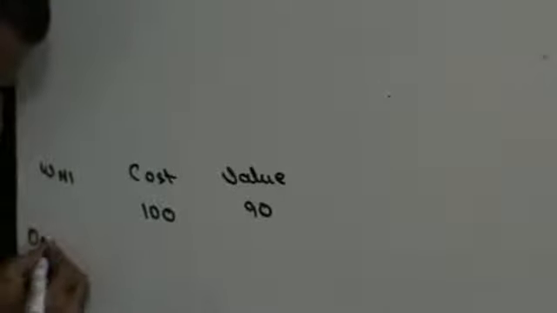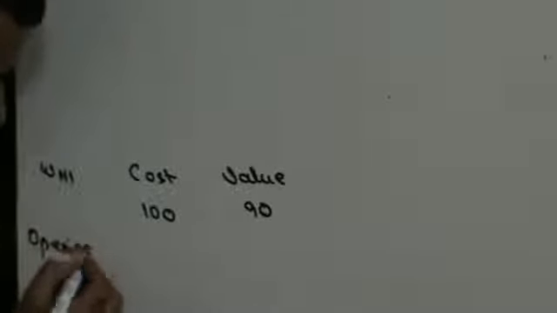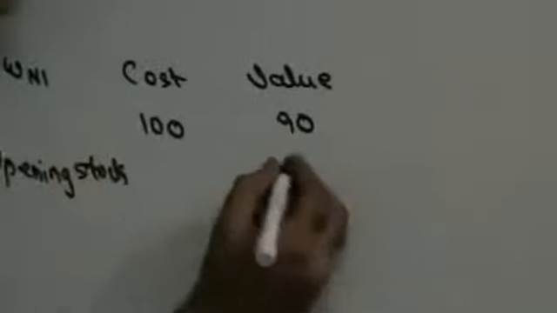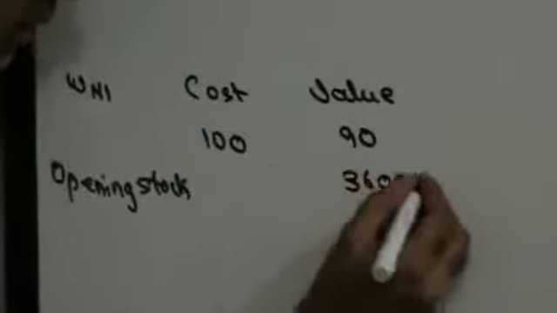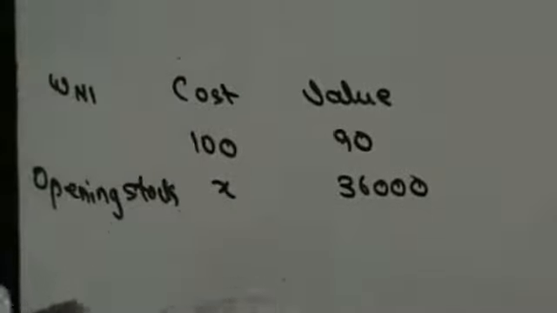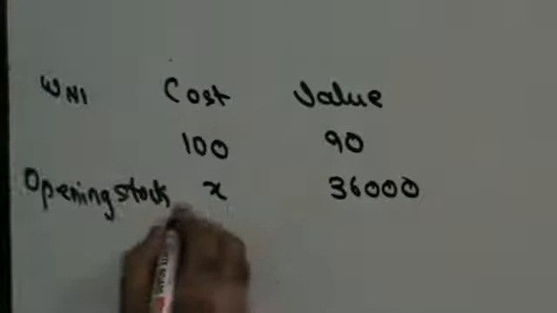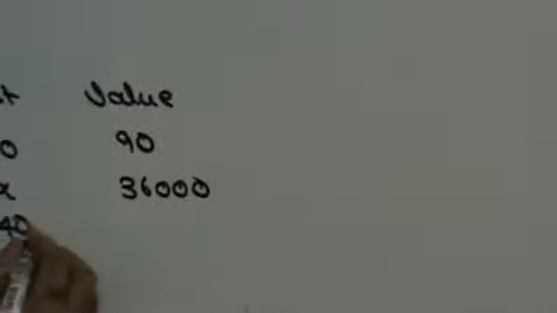So if I consider the opening stock of previous year is 36,000, its value is 36,000. That means how much will its original cost be? 36,000 into 100 divided by 90, which will come out to 40,000. Do we get this thing here? X will work out to be 40,000.